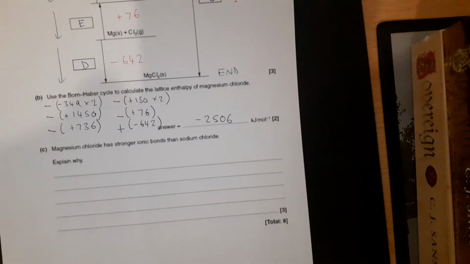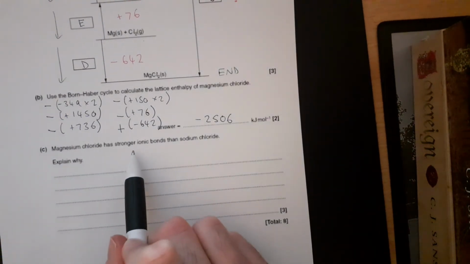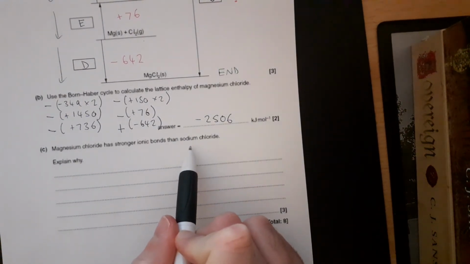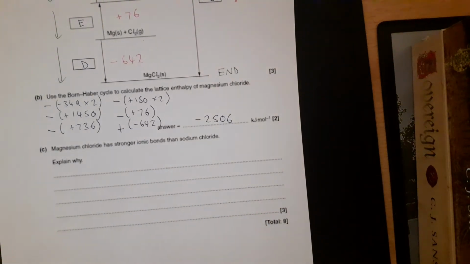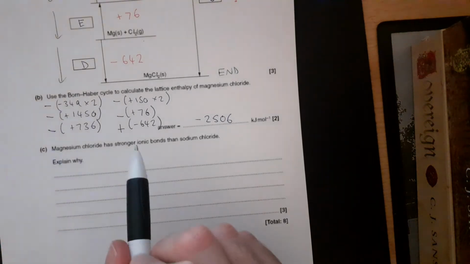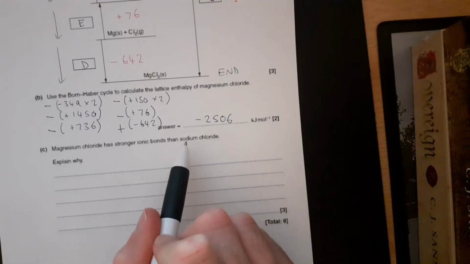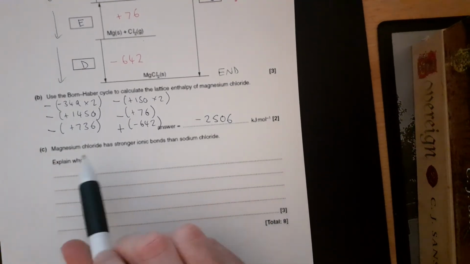Right, and then we have the last bit on this question. Magnesium chloride has stronger ionic bonds than sodium chloride. So what's going on here? If we've got stronger ionic bonds, it must be because there's a stronger attraction between the ions. Why is there going to be a stronger attraction between the ions? Well, the chloride ion is exactly the same. So it must be the sodium versus the magnesium.